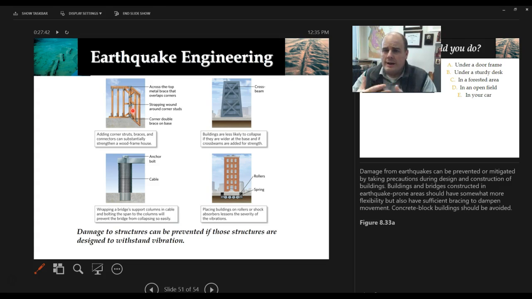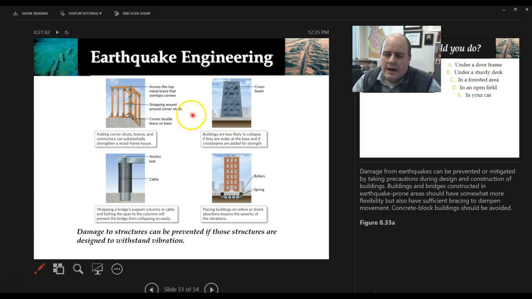If it breaks apart, then the home can start actually falling apart. But if it can flex, but still stay together, then it's going to be a safer material. That's why wood frame houses tend to be safer than brick houses or something like that.